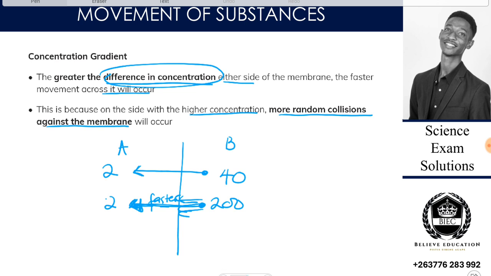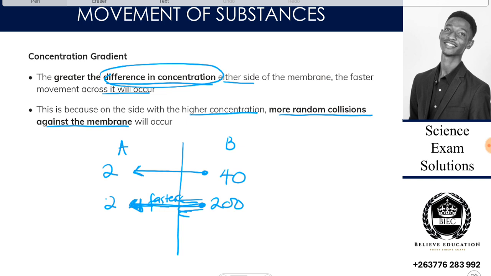And to round up everything, diffusion is the movement of molecules from a region of high concentration to a region of low concentration down a concentration gradient. We have to know that the greater the difference in concentration, the faster the diffusion will occur, and also the lesser the distance to be crossed by the molecules, the faster the diffusion. Are we together?